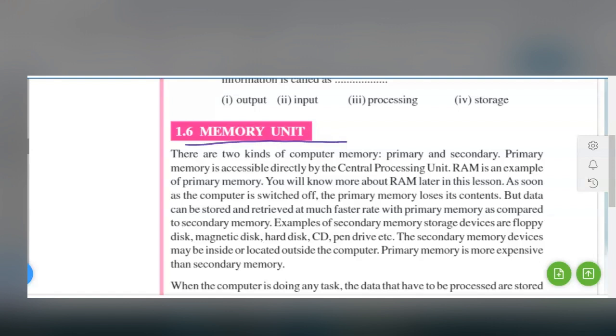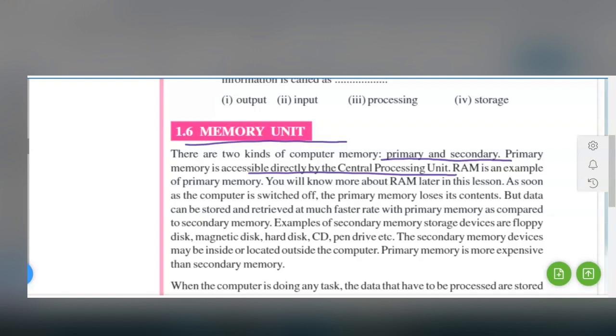Inside the memory unit you have the classifications of primary memory and secondary memory. Primary memory is generally accessible directly by the CPU. It can again be classified as RAM and ROM.